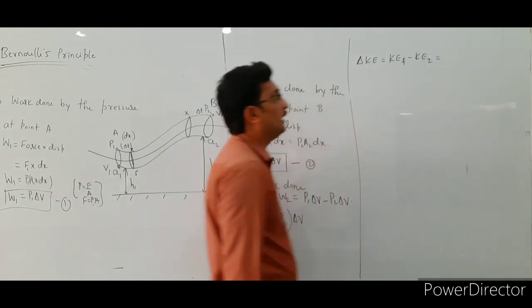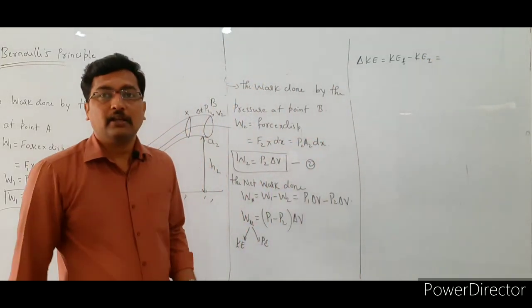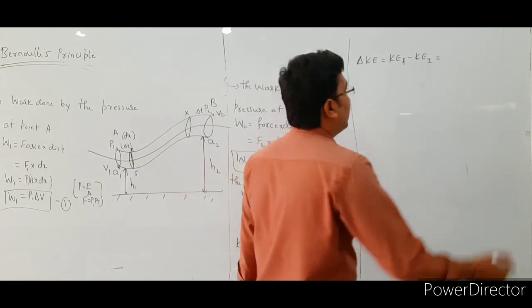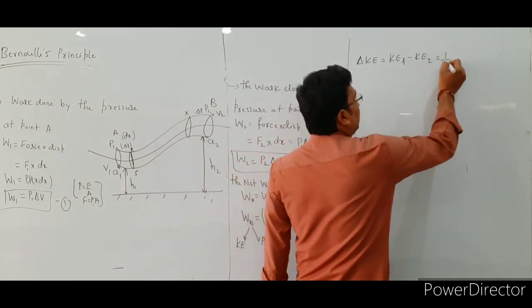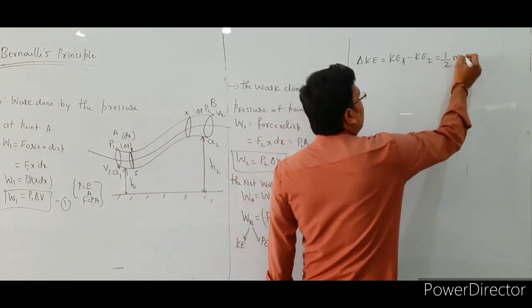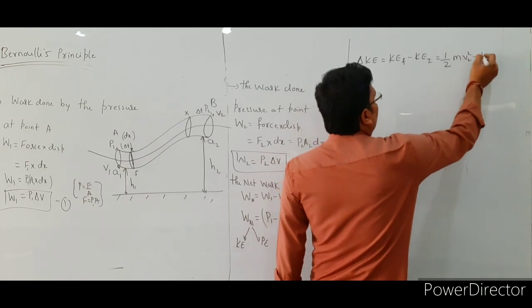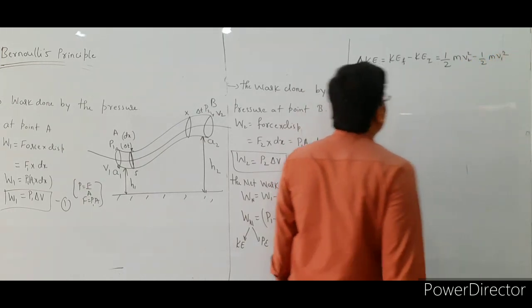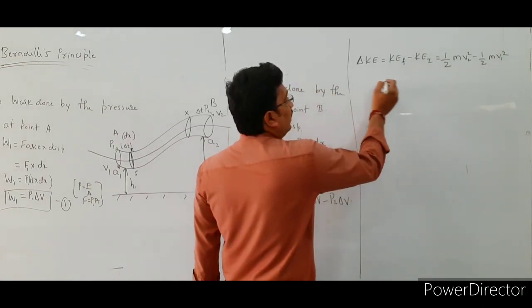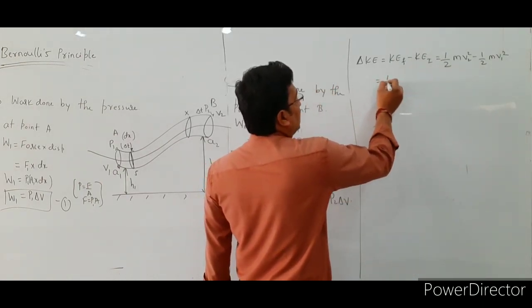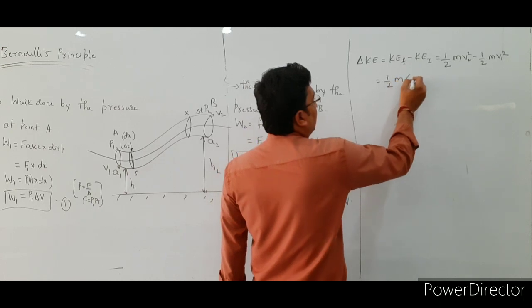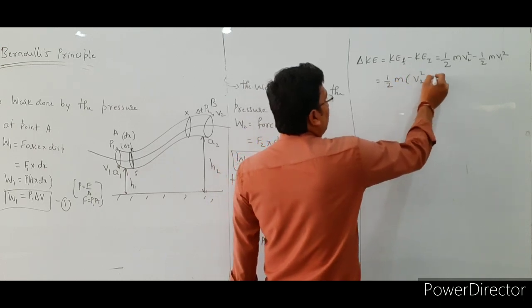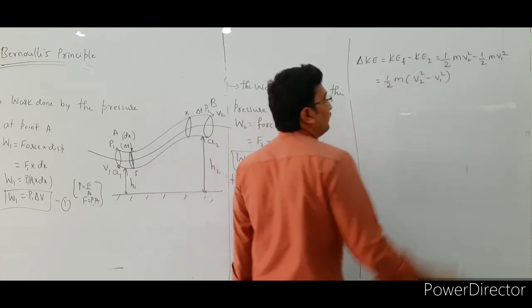We already know the expression for kinetic energy: 1 by 2 m V2 square minus 1 by 2 m V1 square, right? So taking 1 by 2 m as a constant term, it is 1 by 2 m bracket of V2 square minus V1 square, right?